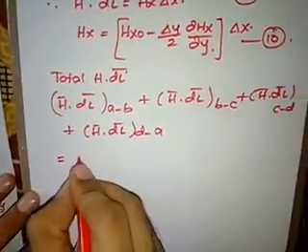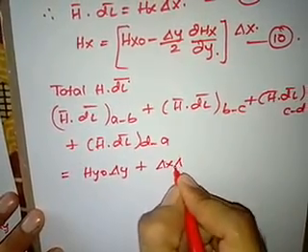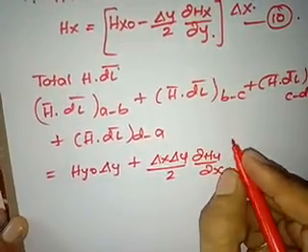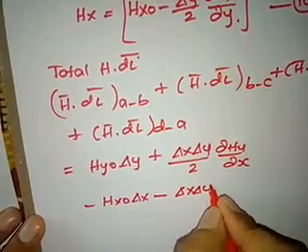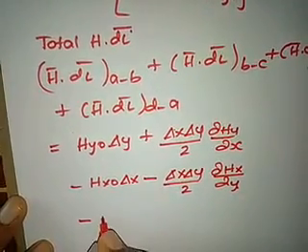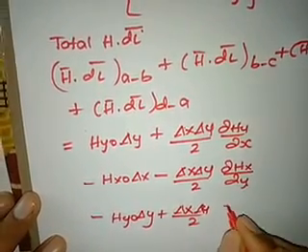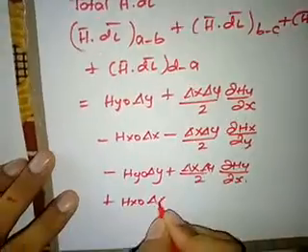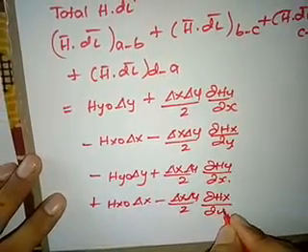If we take the sum of all this, then we get hy naught delta y plus delta x delta y by 2 dou hy by dou x, minus hx naught delta x minus delta x delta y by 2 dou hx by dou y, minus hy naught delta y plus delta x delta y by 2 dou hy by dou x, plus hx naught delta x minus delta x delta y by 2 dou hx by dou y.